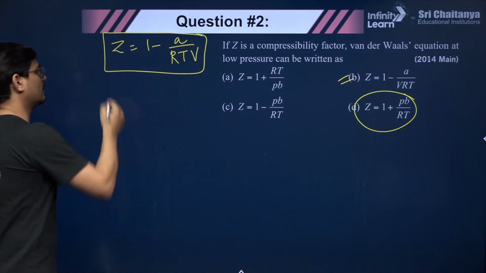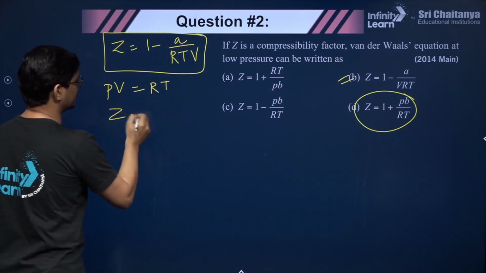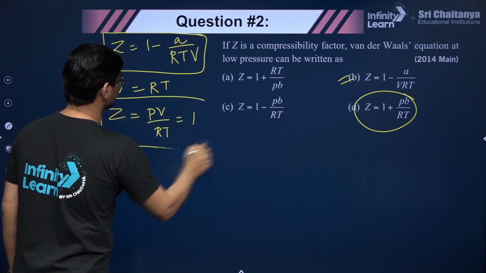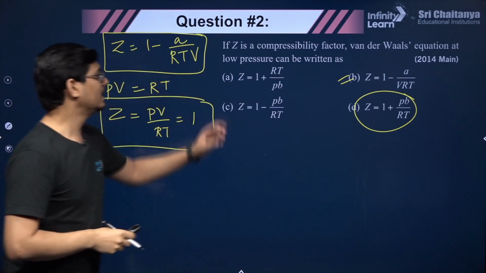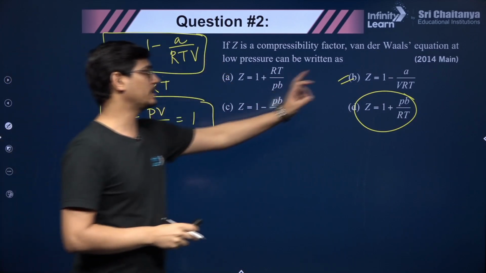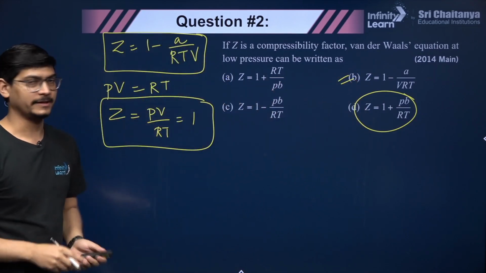Why? Because for 1 mole of an ideal gas, PV is always equal to RT, so Z, which is PV by RT, will always be equal to 1. So we have learned so much in these last few minutes. The expression of compressibility factor at low pressure is this, at high pressure is this, and for an ideal gas, it is this.